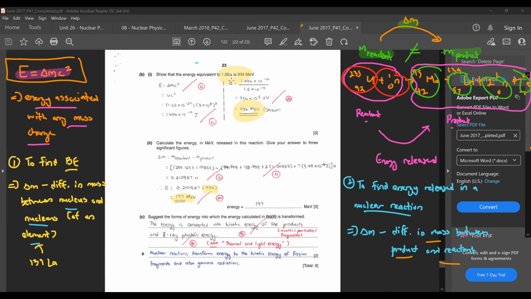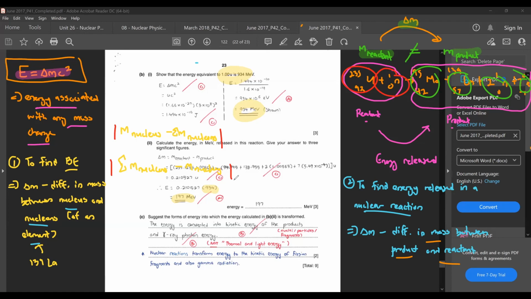If you're concerned about whether it should be mass of nucleus minus mass of nucleons, or mass of nucleons minus mass of nucleus, and you're worried you'll get a negative, you just put a modulus sign on so that you don't get negative.